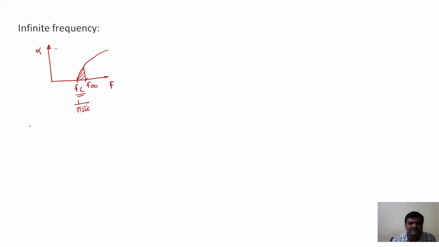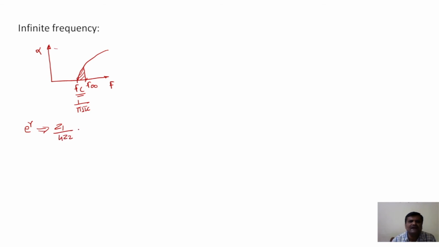Friends, in the previous slides, we have seen that e raised to gamma is the propagation constant. From that we can derive passband and stop band characteristics. E raised to gamma depends on Z1 divided by 4Z2.